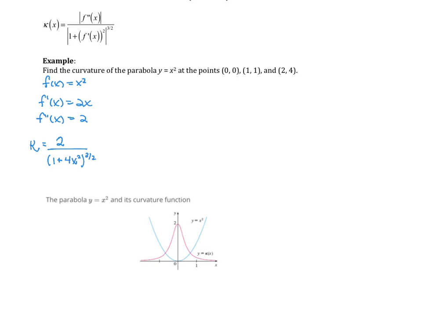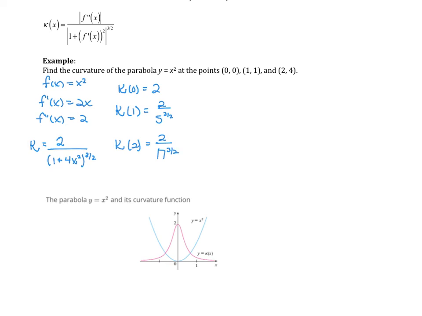And if we go through and do k of 0, plugging that in, we'd get 2 over 1, which would be just 2. So the curvature at 0, 0 is 2. The curvature when x is 1 would be 2 over 1 plus 4, so 5 to the 3/2 power. And the curvature at 2 would be 2 over 17 to the 3/2 power.